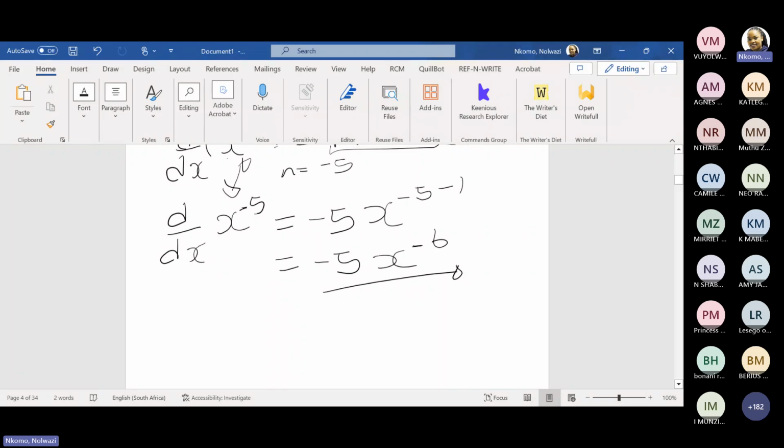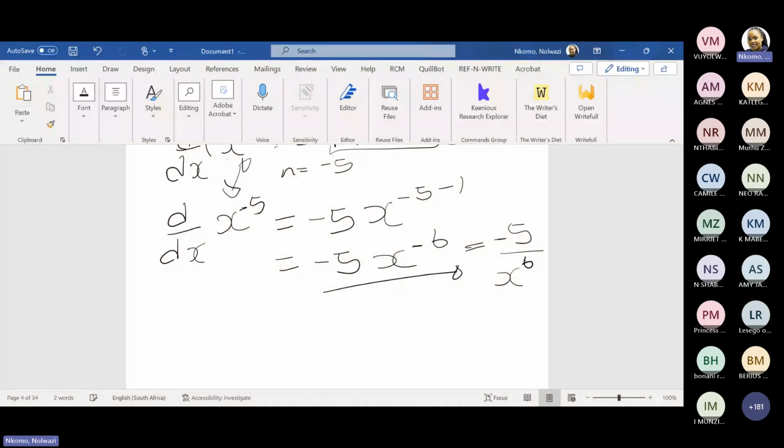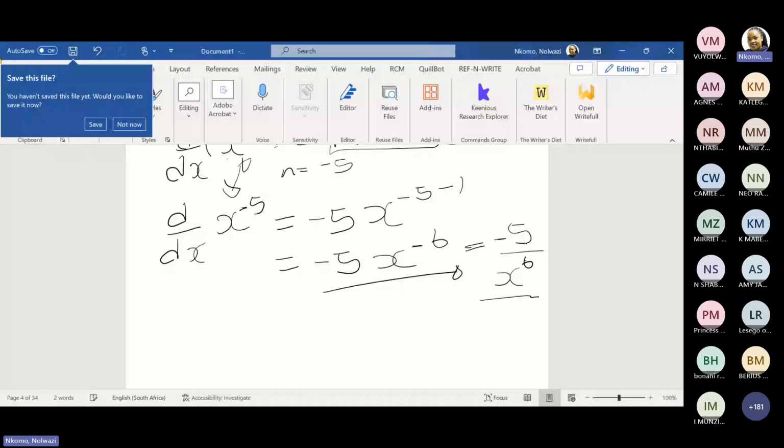Or, I'm not sure whether I should write this, but then you can write this as 5 over x to the power 6. I didn't want to write this because I didn't want to confuse you guys, but you can leave your answer here. It's still okay.